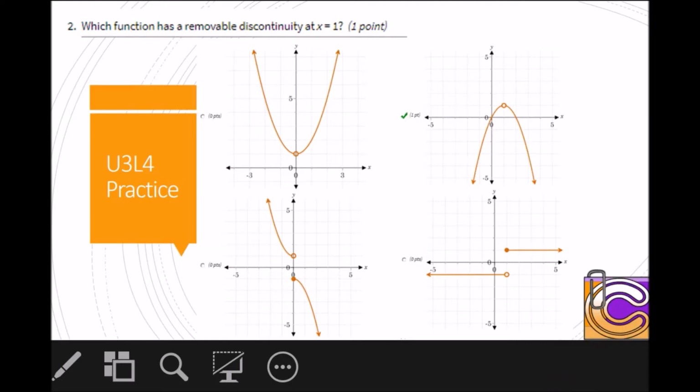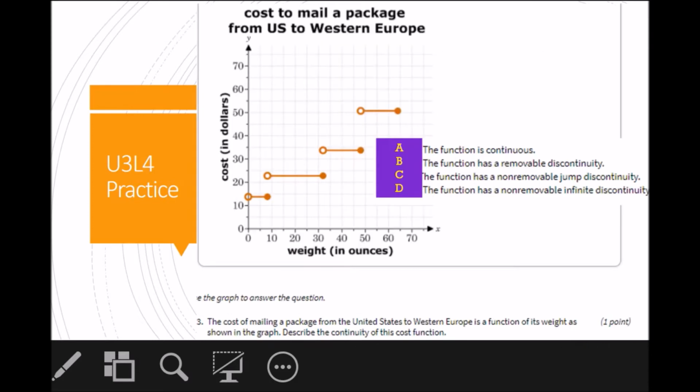So our answer should be B there. Again, removable discontinuities are traveling along that line just fine, and then you pick up your pencil for just a second, and then you continue. That's different than down here with the skip. Okay? All right.